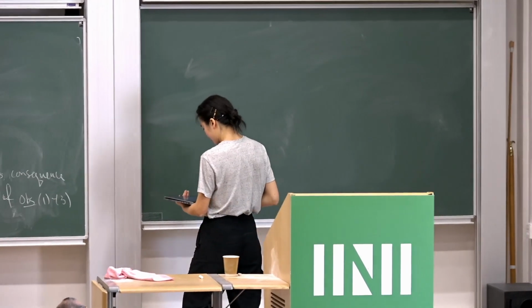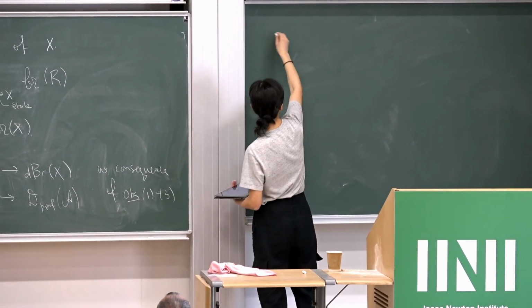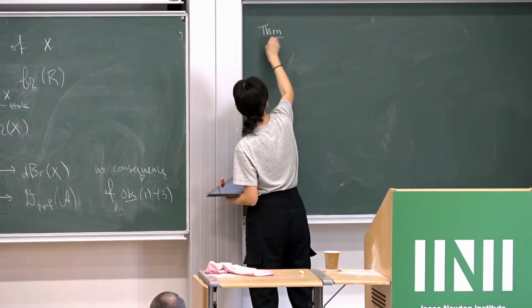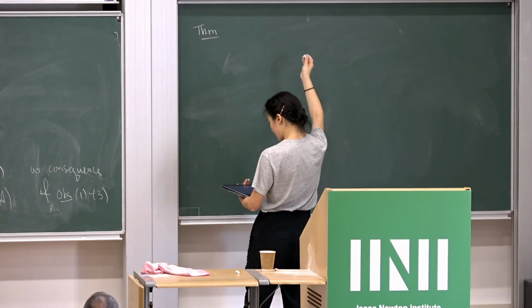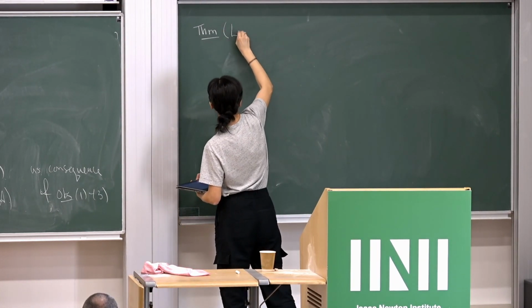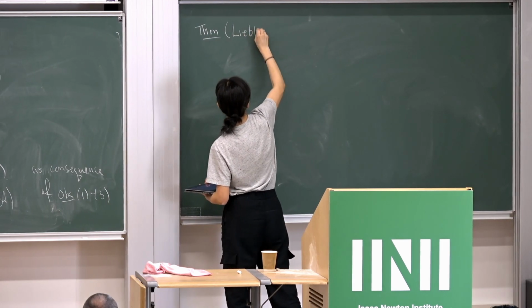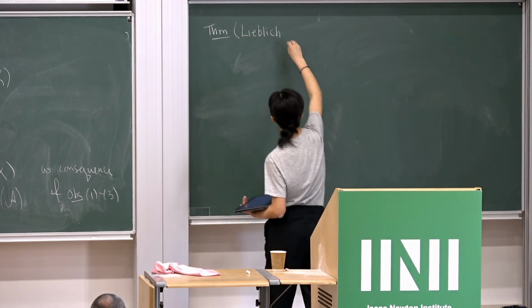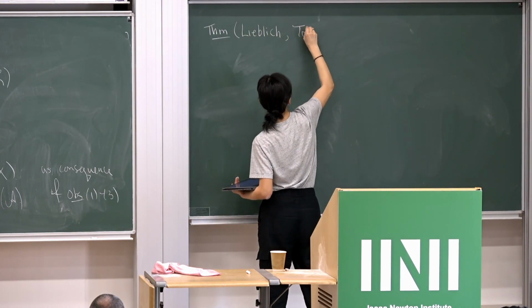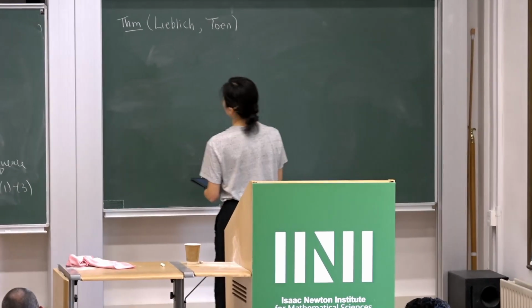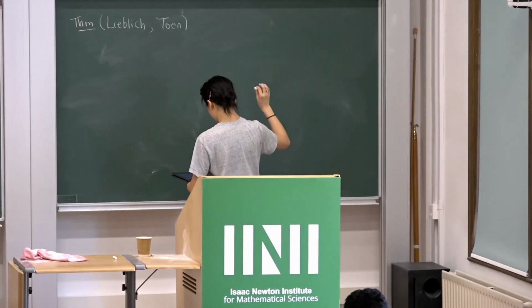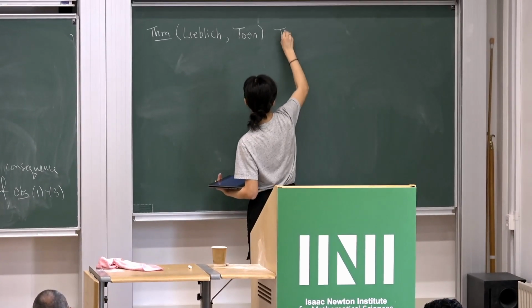So, theorem. In the generality that I'm stating it, this is due to Toën, but I think Max Lieblich did a lot of work on this as well. On this perspective, X is QC of QS. Great. All right, so there are isomorphisms.